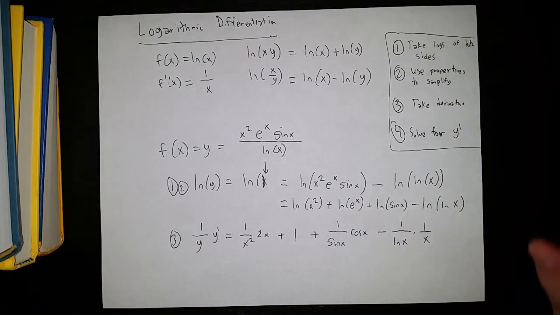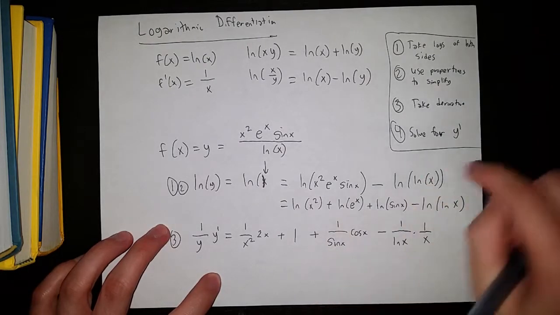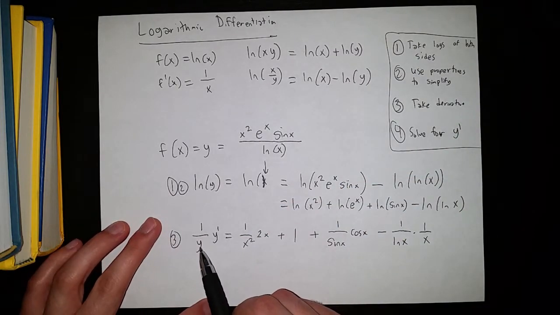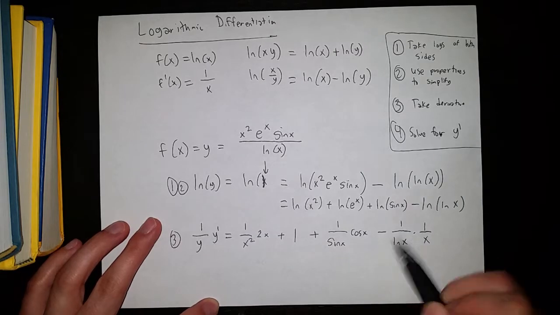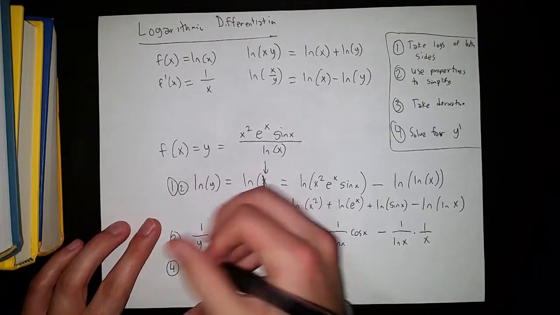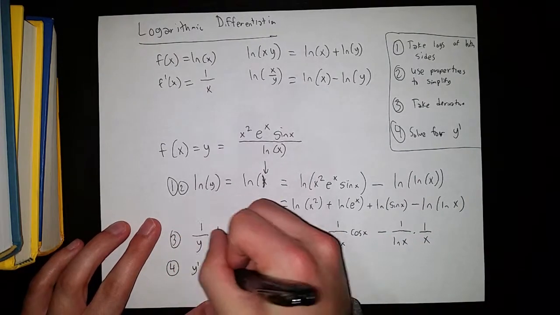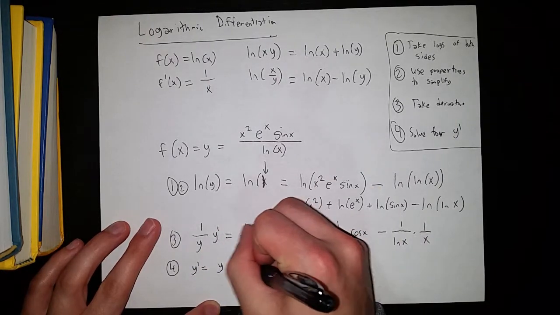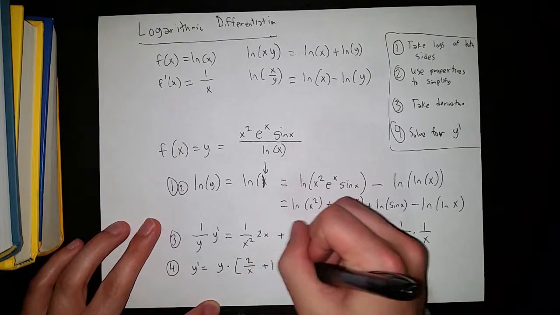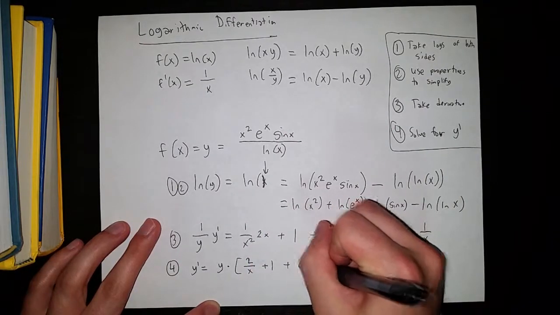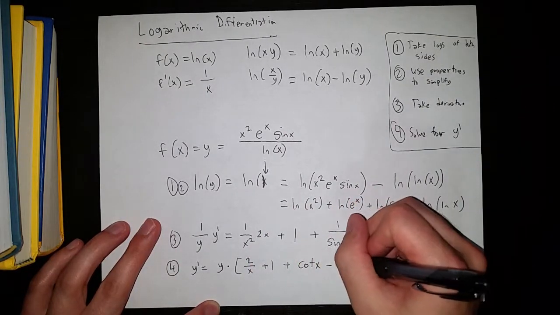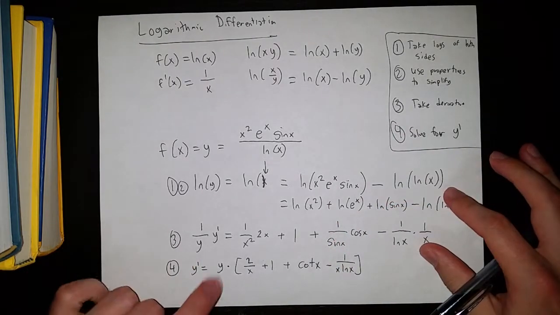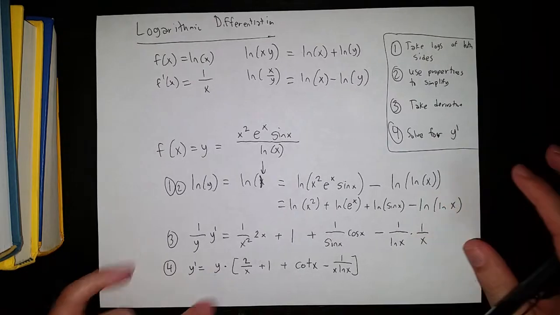Okay, so now we need to solve for y prime. So we're going to multiply over y. But we want this to be in terms of x.